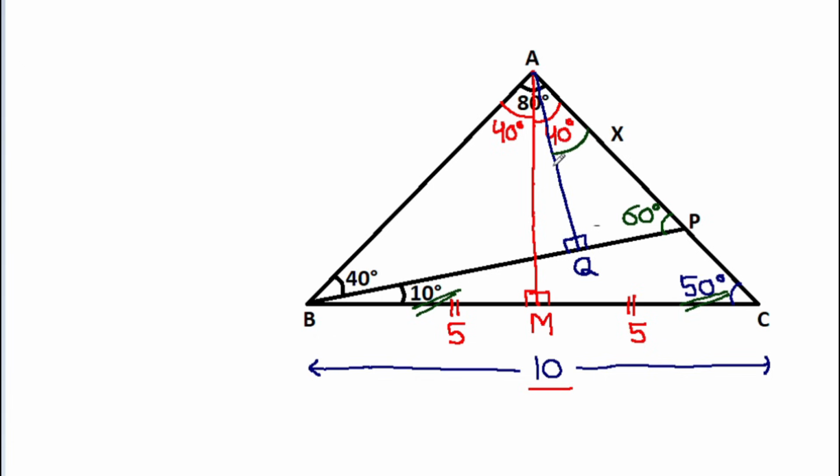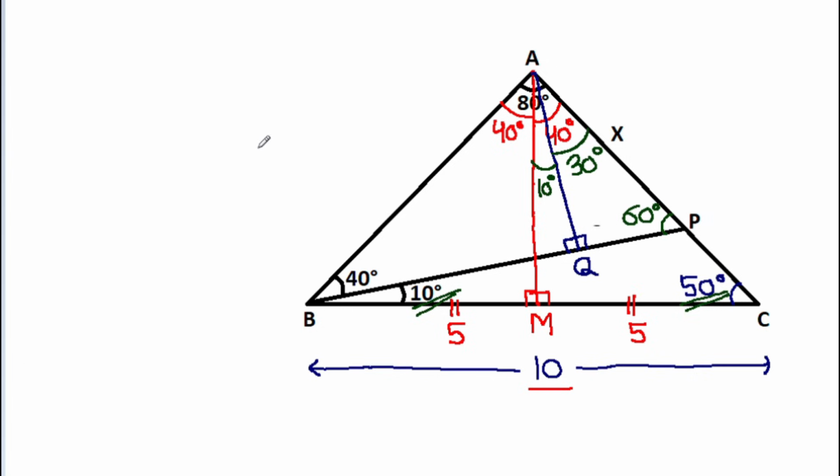So this angle, it will be 90 degrees minus 60 degrees, that will be 30 degrees. And this angle, it will be 40 degrees minus 30 degrees, that will be 10 degrees.